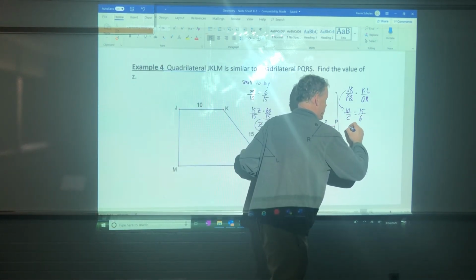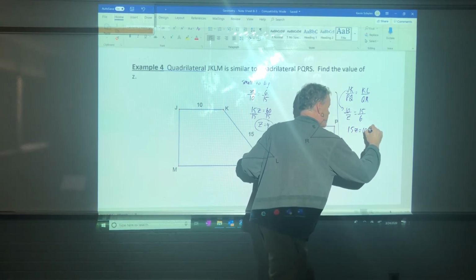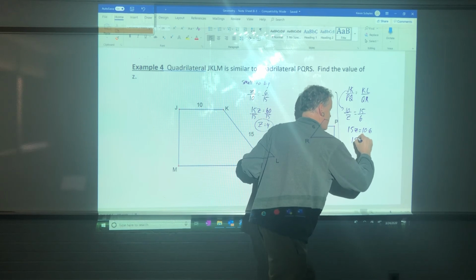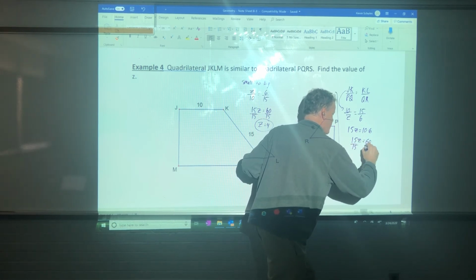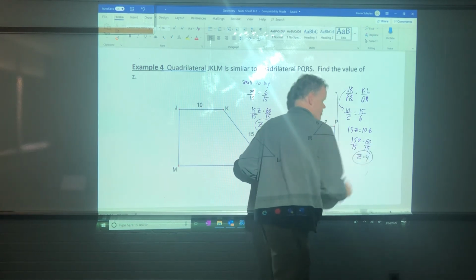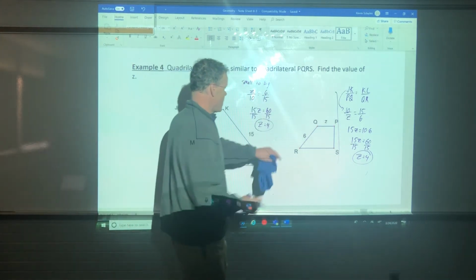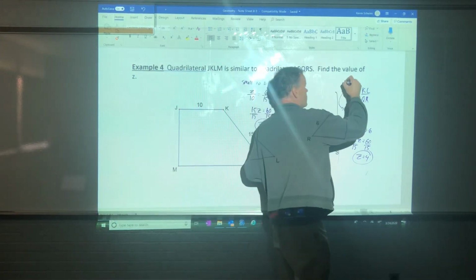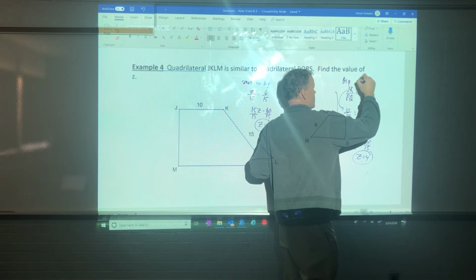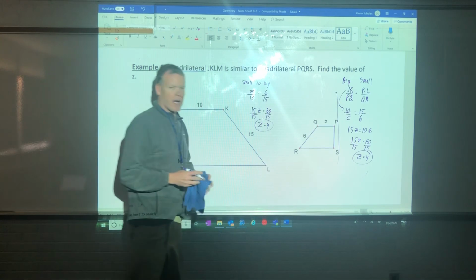We do our 15 times Z equals 10 times 6. 15Z equals 60. Divide by 15, divide by 15, and Z, again, still going to equal 4. Okay, so instead of going small to big, I went big to small. Key here is just lining everything up properly.